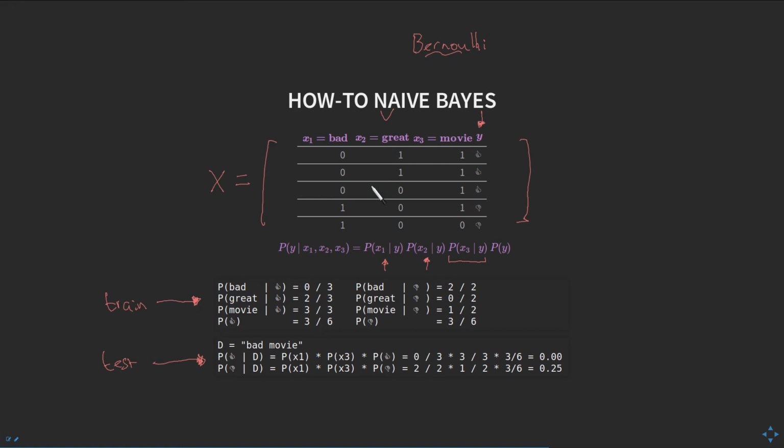Now we look at the next one, great. How many times does that occur with a positive label? That's 2 out of 3 times that it could have occurred with a positive label. So that's 2 out of 3. Same for movie. Movie always occurs with a positive label, as you can see here. So that would be 3 over 3. So it actually has a chance of 100% to occur under a positive label.